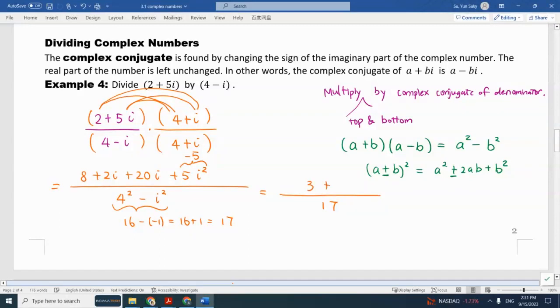How many i? 22i. And usually we like to separate the real part and the imaginary part. So you would put 3 over 17 plus 22 over 17 i. Yes, we always separate them, because you want to make sure what is the real part and what is the imaginary part. So that's why usually people split them.